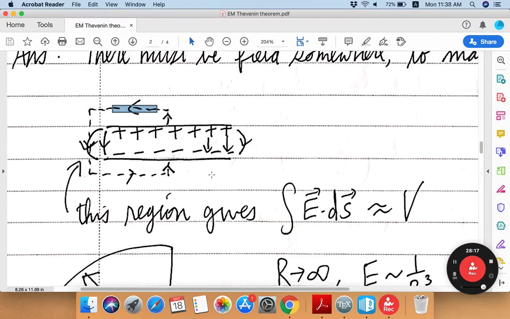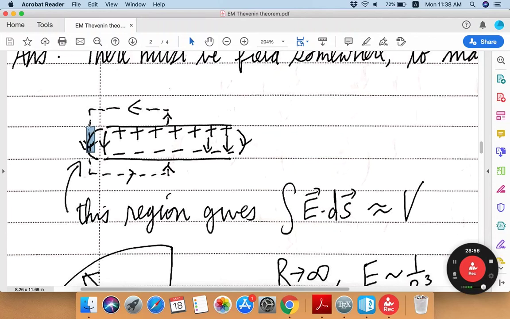And also, the line integral along this path will pick up nothing. However, the line integral along this small portion over here will pick up something, right? Because both the path direction and the electric field direction are parallel. And also the magnitude of the electric field just outside the capacitor is more or less the same as the electric field size inside.